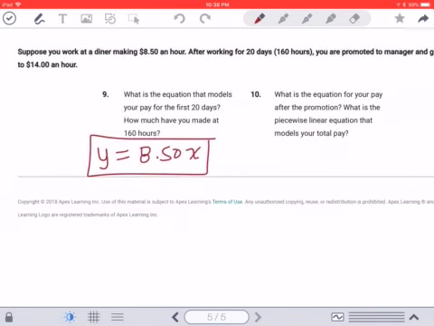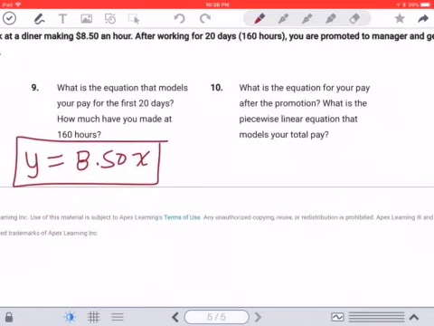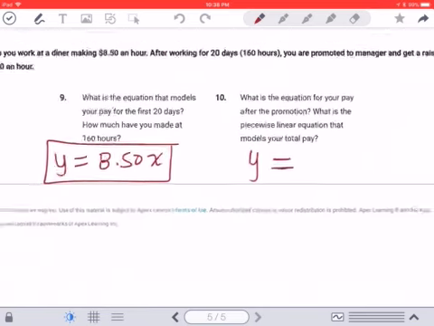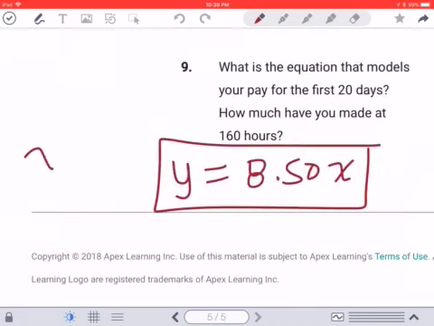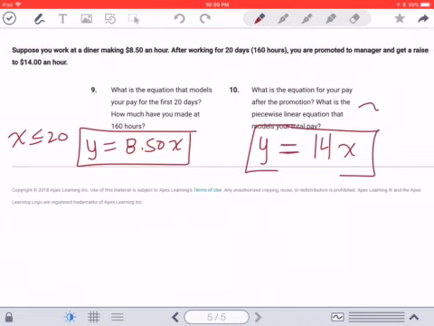Okay, and what's the equation after the promotion? Well, you're still being paid hourly. And you would write y equals 14x. Okay, this is when x is less than or equal to 20. And this is when x is greater than 20.